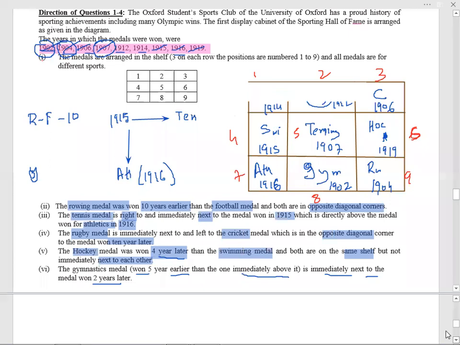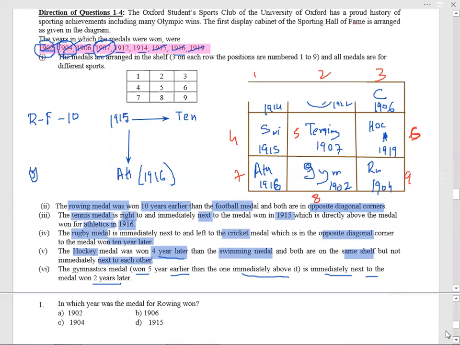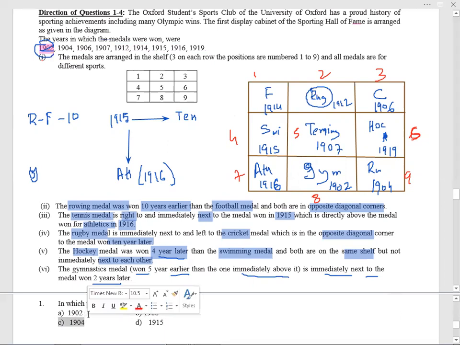Problem number 1. In which year was the medal for rowing won? 1904, option C. Clear? No doubt. Once you make the diagram, it's all the pain you have to bear for making the diagram.